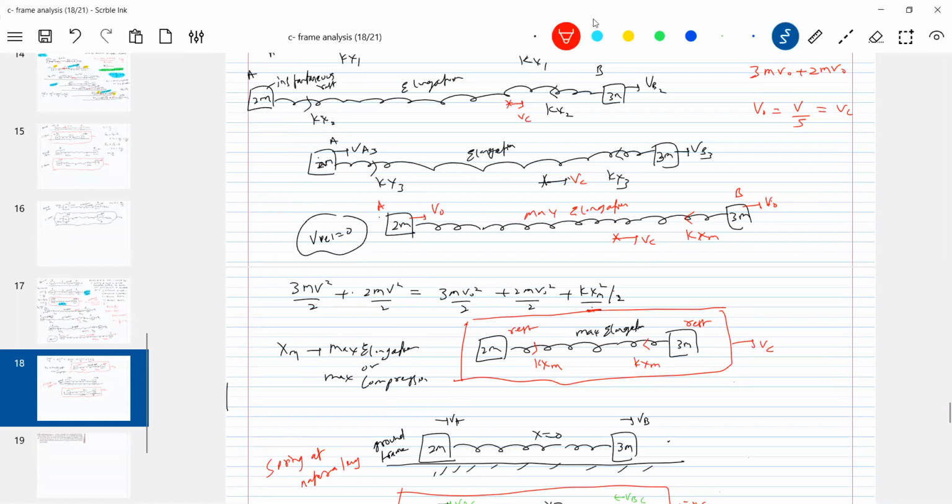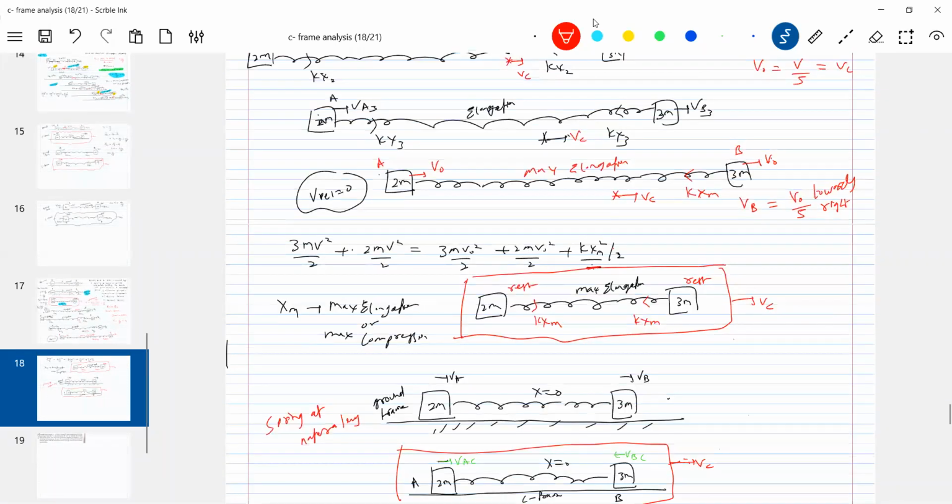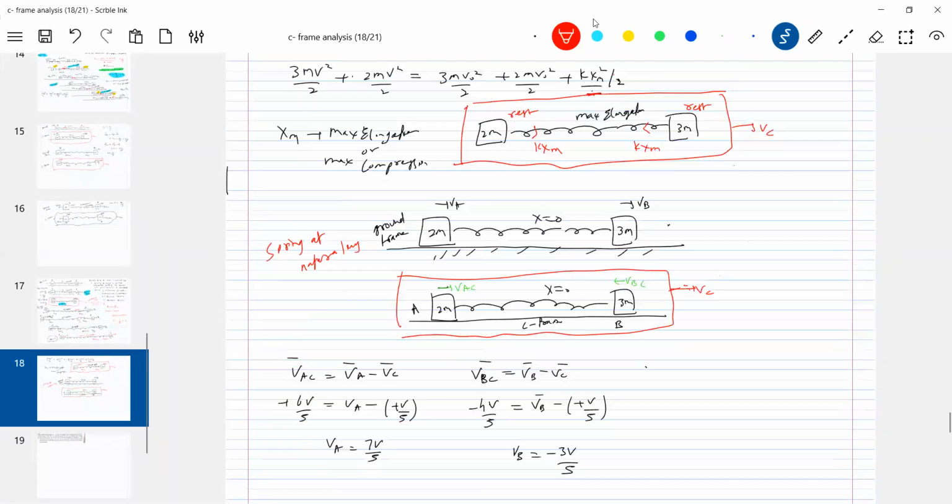You can check it: V0 by 5 towards right. At maximum elongation, again, when it attains natural length, what is the state of the block? The same diagram I'll put once again here. This is the natural length.